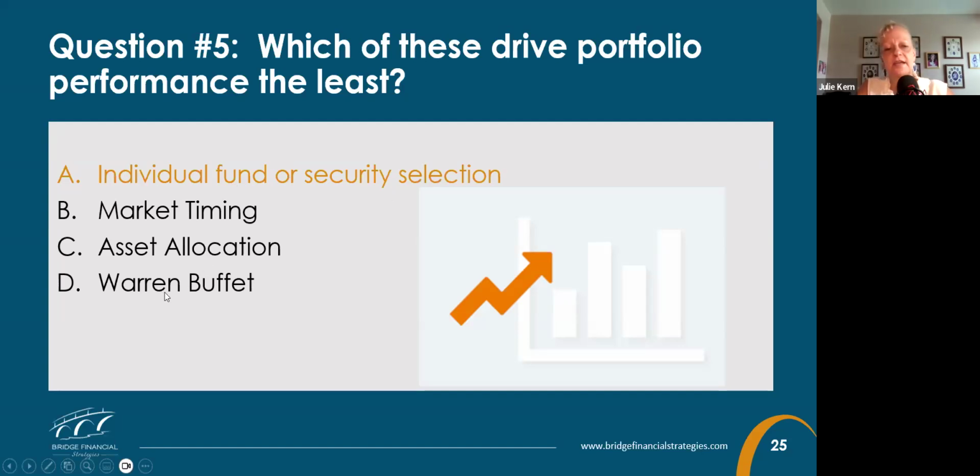Technically, probably Warren Buffett is not in the universe of options in the studies, but throwing that answer out, it would be individual security selection. So when we're thinking about your portfolio, we don't want to spend all of our time saying, should we use fund A or fund B or stock A or stock B? Really, we want to get that overall asset allocation right, and that's going to make the most difference in your portfolio.